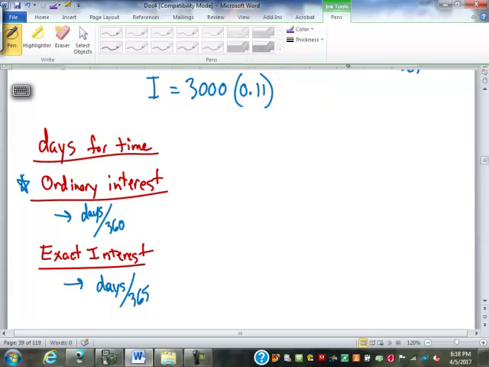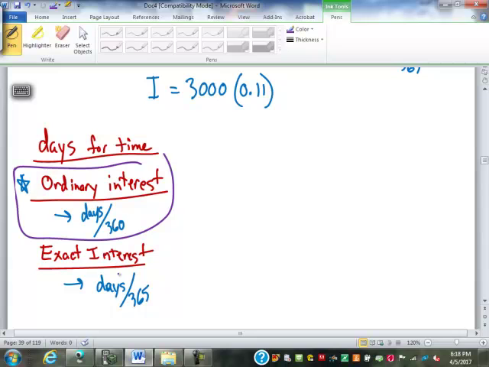Now, the exact interest, days divided by 365, seems pretty logical because there's 365 days in a year. The original purpose of ordinary interest was to help with bookkeeping. Interest has been around for hundreds of years, dating back to the late 1700s when the first banks in the United States originated.